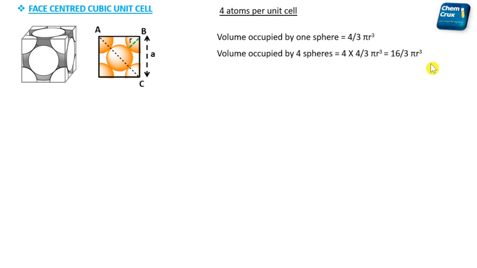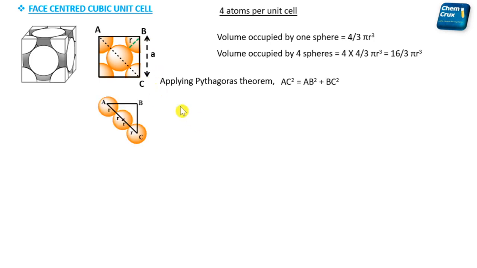Now let us consider triangle ABC, and if we apply Pythagoras theorem, AC square would be equal to AB square plus BC square. So here I have shown triangle ABC separately. So from this figure we can say AC is equal to 4r, right?